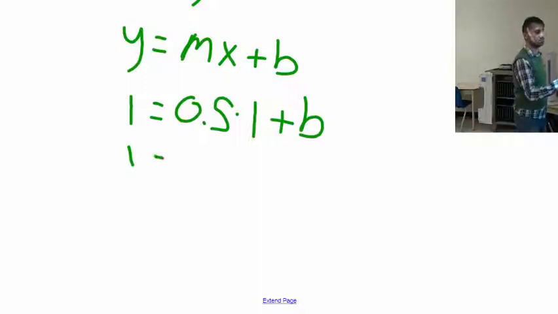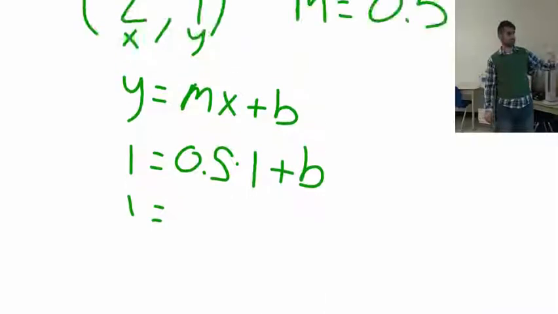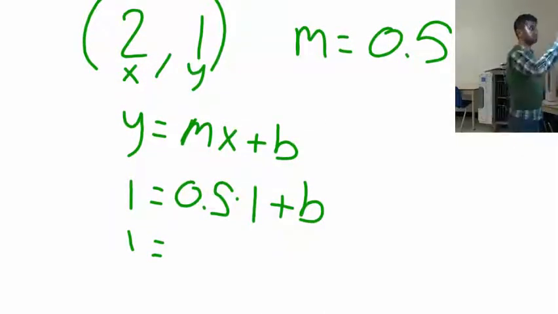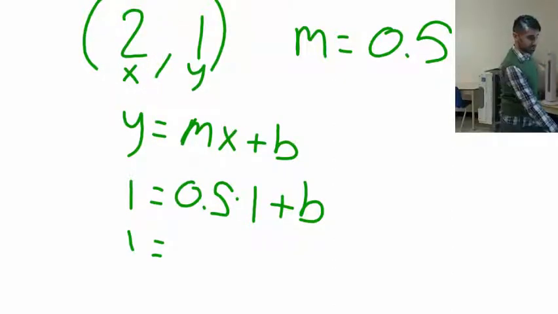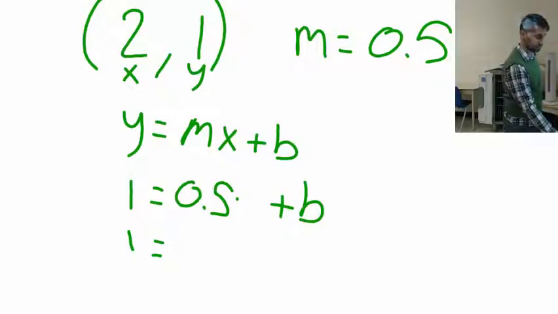Y is 1, m is 0.5, x is... oops, I made a mistake somewhere. I'm sorry, x is 2. You see, I'm slipping. Let's make this 2.